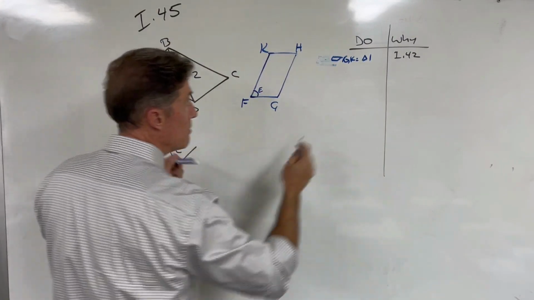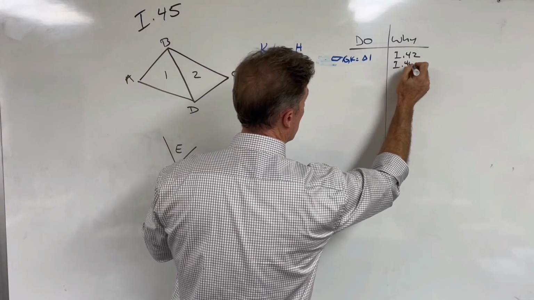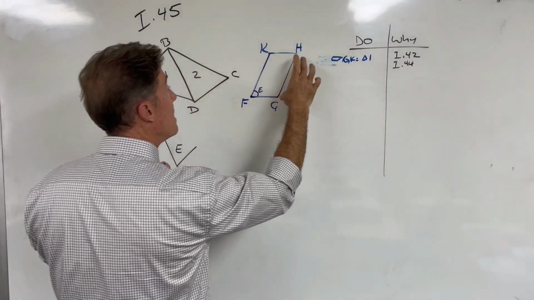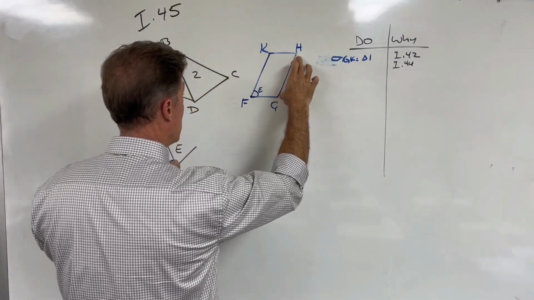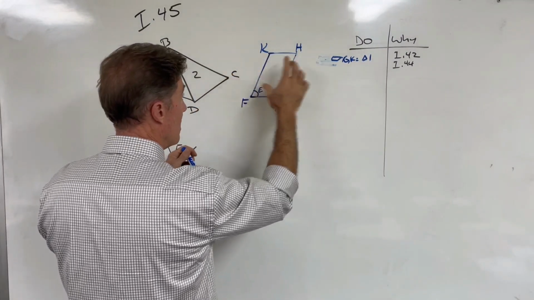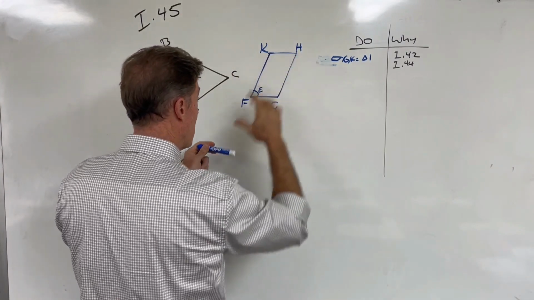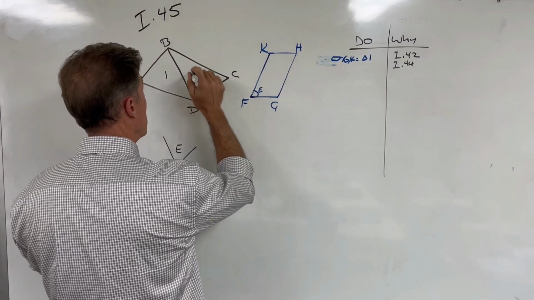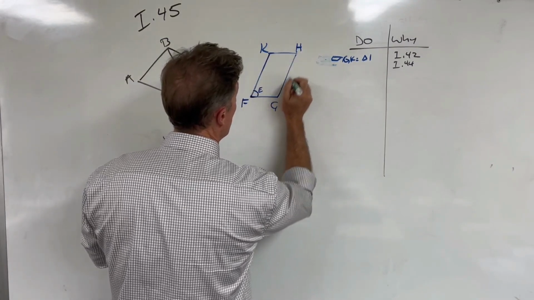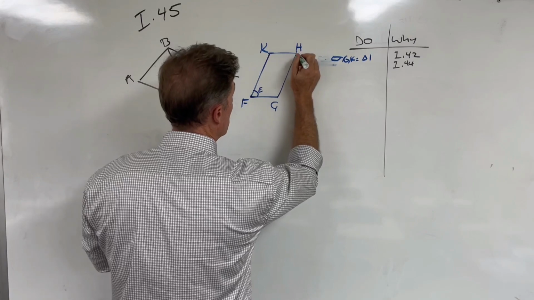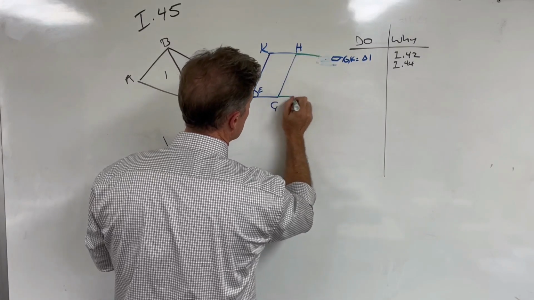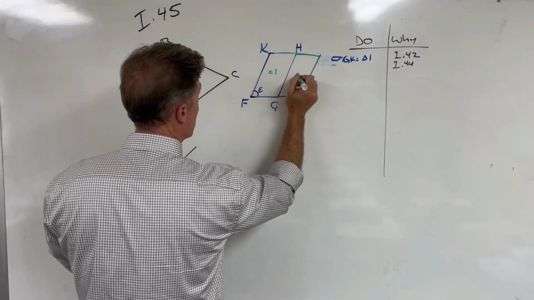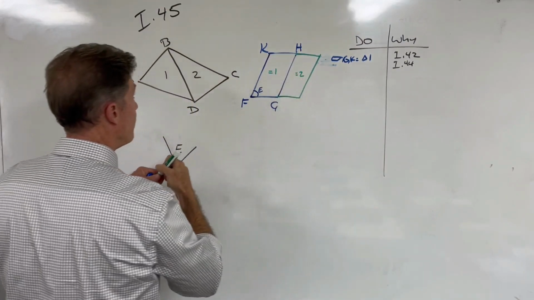And then using Prop 44, Prop 44 allows us to do the same thing as 42 except to put it on a given line. So instead of in the other line, we're going to take this particular line. We're going to construct a parallelogram equal to triangle 2, but it's going to be applied to GH. And so it's going to look like this. Okay, so this is equal to 1, and this is going to be equal to 2.